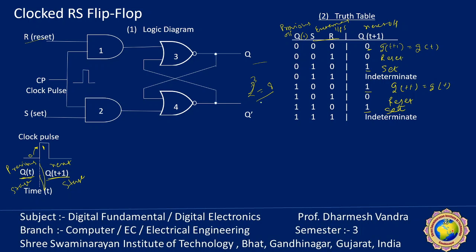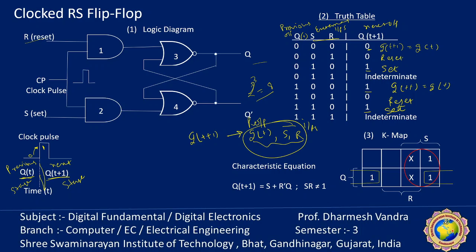Now, one other thing: after the truth table, if we obtain the equation of Qt plus 1, it is known as a characteristic equation. Qt plus 1 depends on Qt, S and R. So the equation of Qt plus 1 in terms of the previous output and external inputs is called a characteristic equation.